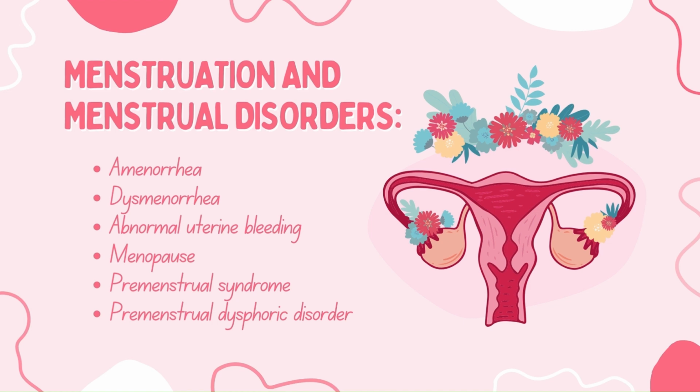So for structural etiologies, polyps, adenomyosis, leiomyomas, and malignancy/hyperplasia, but that doesn't go in the acronym. Non-structural etiologies for COEIN: coagulopathy, ovulation dysfunction, endometrial, iatrogenic, or caused by a health practitioner, and then not otherwise classified.